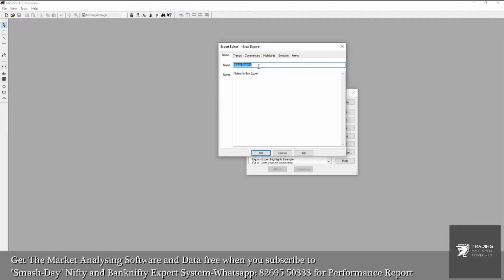First of all, we have to give it a name. Say we give it a name like this: Z dual moving average system. And here we write some brief description of the system. Say we use 2 moving averages, e.g. 50 and 100 DMA.